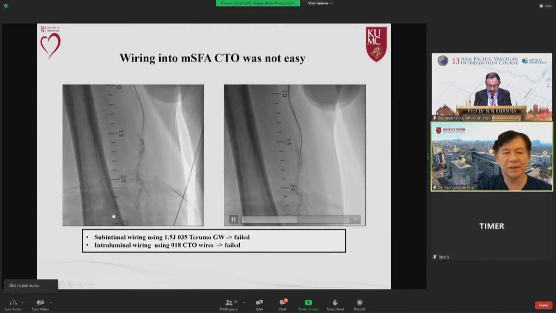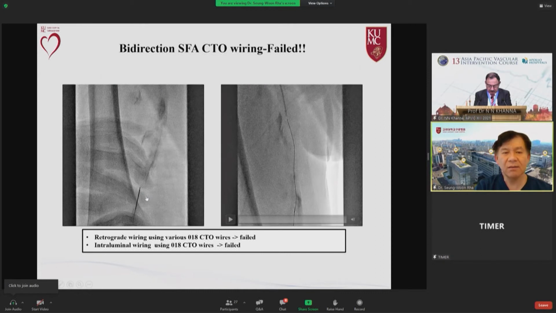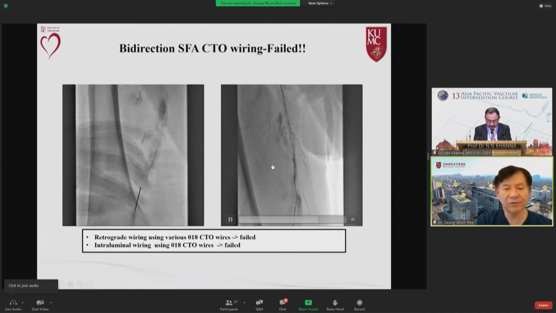So I started retrograde and bidirectional, but you can see this retrograde wiring also, the distal cap was so hard, so bidirectional failed. The wire entered here and the distal, there was a gap, we could not completely do the kissing wiring.